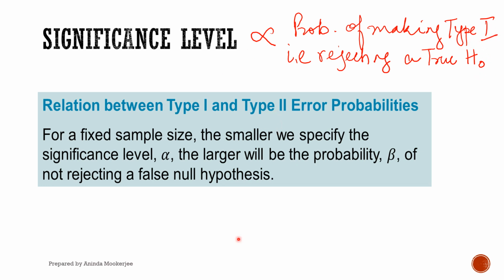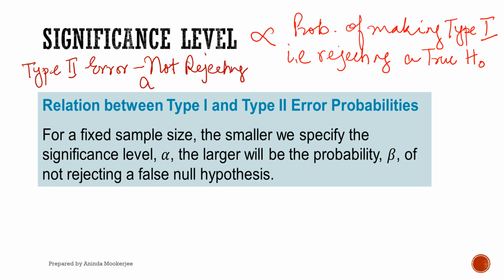A type 2 error is when we do not reject a false null hypothesis. So let me write that down here. A type 2 error is not rejecting a false null hypothesis. That's what a type 2 error is.